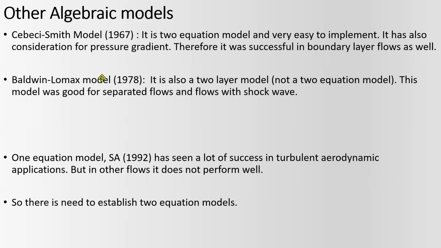Okay, so it's a two-layer model, not a two-equation model. Two layers means there are two layers of the flow, one inner layer and a second outer layer. This model was very good for separated flows and flows with shock waves. So for airfoils and wings and these cases, they used this model very extensively, 30 to 40 years back.